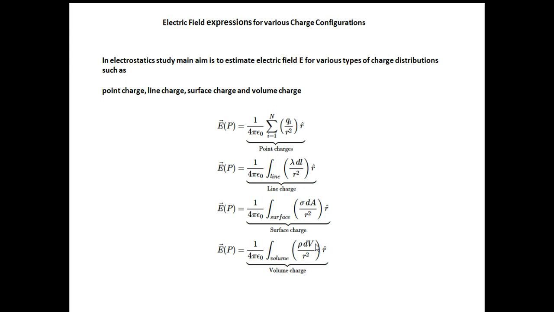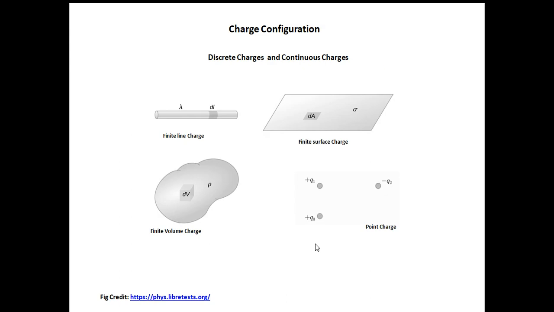Now always remember one thing: we measure the electric field at some point and not at the source. I'll just go back to the earlier slide. This is a source of electric field. This is a charged body and this is creating an electric field. I will calculate it somewhere here at this point.